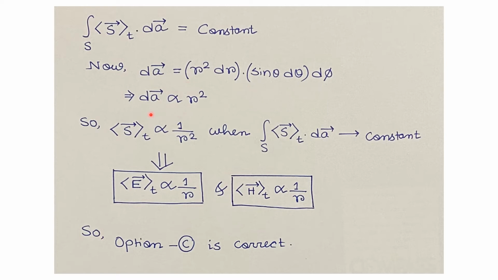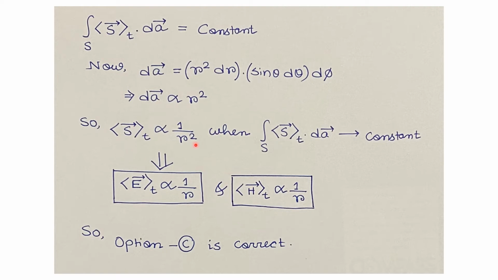So basically, dA vector is proportional to r square. So if the surface integral is constant, then the time averaged Poynting vector will be proportional to 1 by r square, so that this surface integral will be constant.